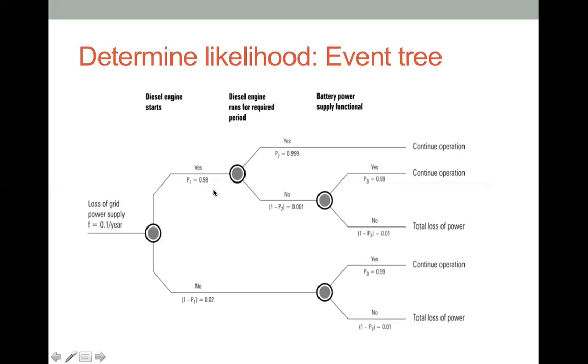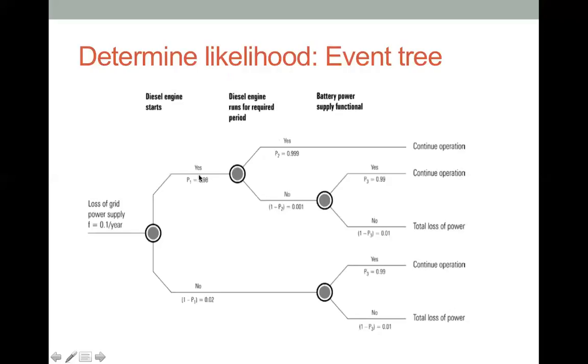Here we can refer to statistical analysis. With the loss of grid power supply, how likely is it that the diesel engine starts? We can say, yep, 98%, and now 2% that it does not. So based on that, we analyze the possibility for the diesel engine running for the required period.